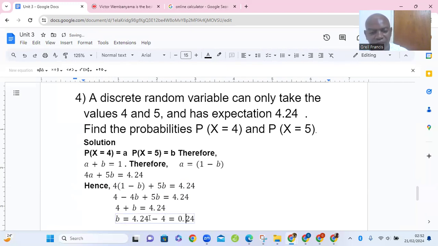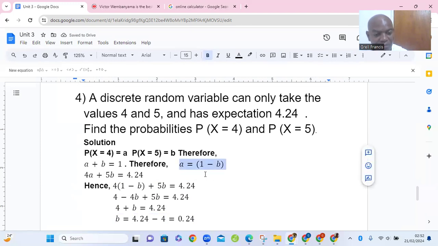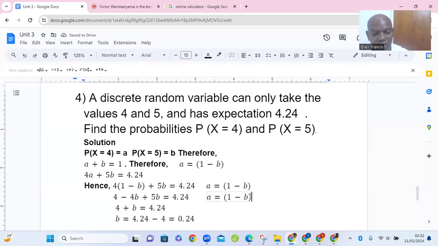And by virtue of the fact that the sum of the probabilities on any distribution is equal to 1, and as we know, we have made A the subject of the equation, A is equal to 1 minus B. So A must be equal to 1 subtract 0.24, and 1 subtract 0.24 must give you 0.76.